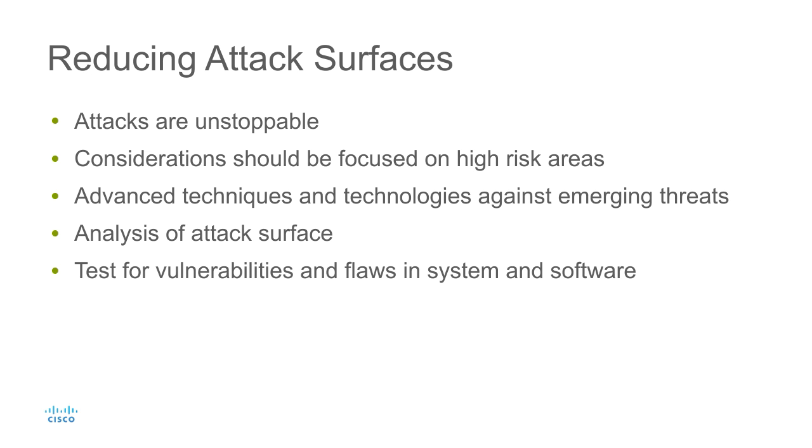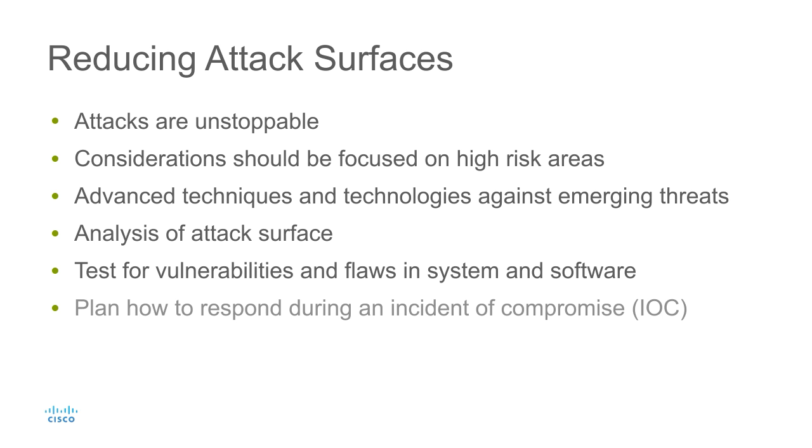We want to test for vulnerabilities and flaws in our systems and in our software. And then we also want to have a plan on how we're going to respond during an incident of compromise, or an IOC. We also want to use our security information and event management tools to help us tighten down our security. Now there are some considerations that we want to make here.